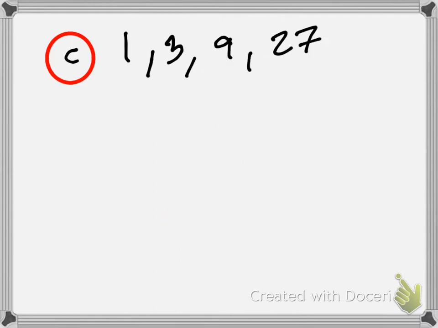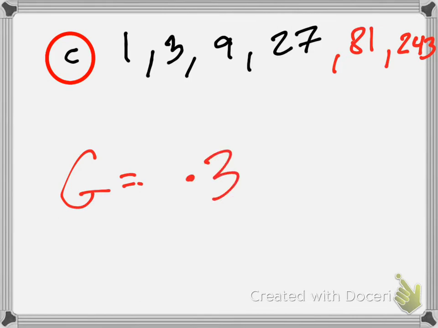What are the next two numbers, Nathan? Yes. So it is 81, and then 243. What kind of pattern is this, Malia? Geometric, and what is it by? Times 3.